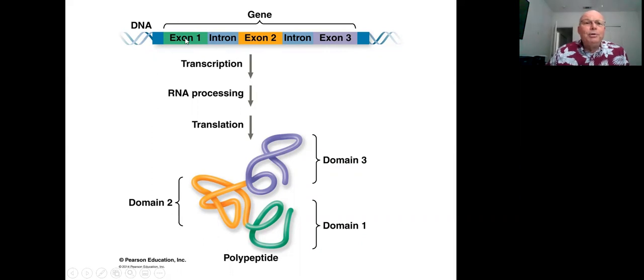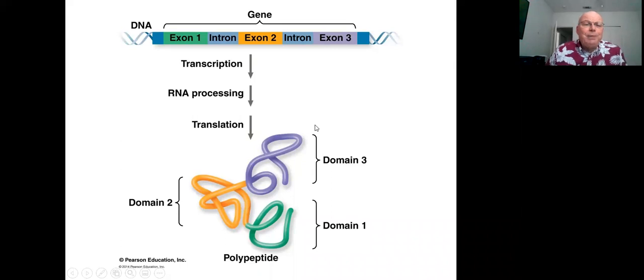You could, in fact, put 1, 3, 2, or 2, 1, 3, or 3, 1, 2. Any possible combination of exons actually is legitimate. And remember, as soon as you start linking these exons together in different orders, in different combinations, you're creating different polypeptides.